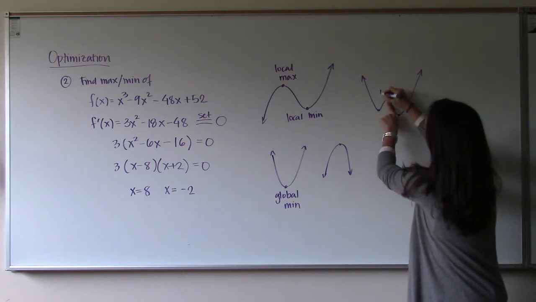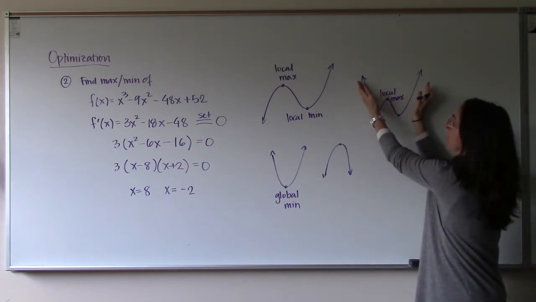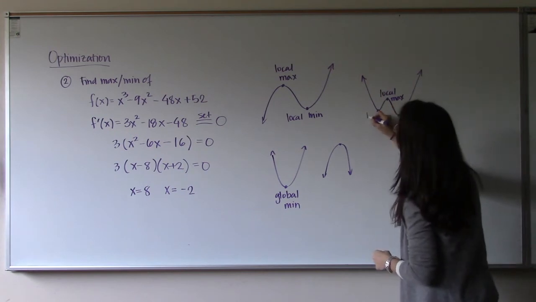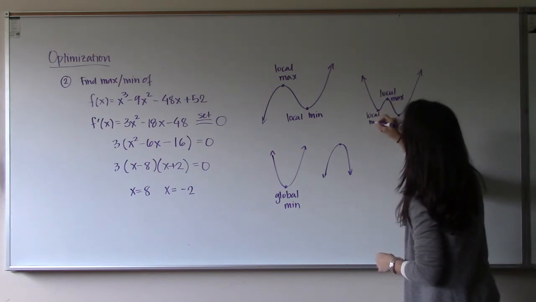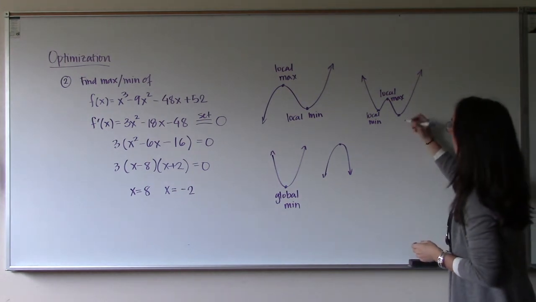This is a local max, right? Because the values of the function continue to get bigger. This point over here is a local min because it's not the smallest point anywhere on the graph. And then this point right here is a global min.